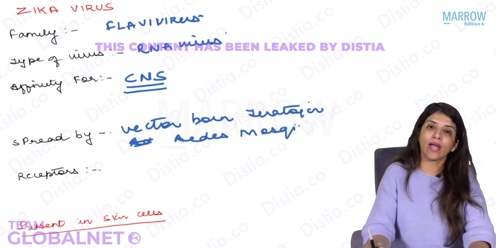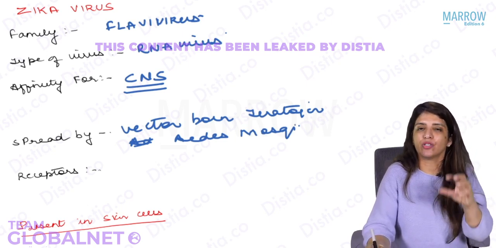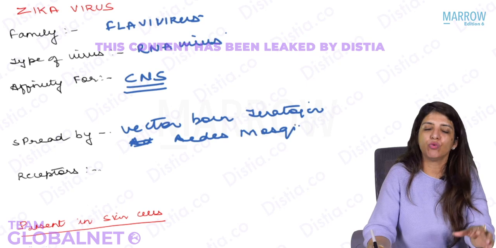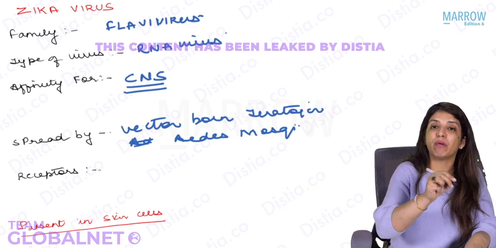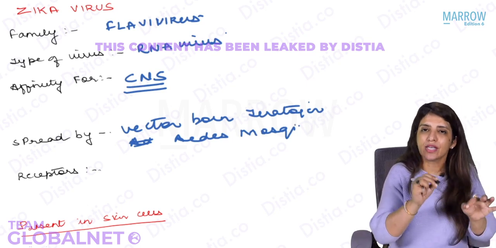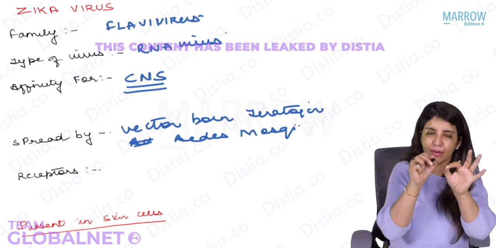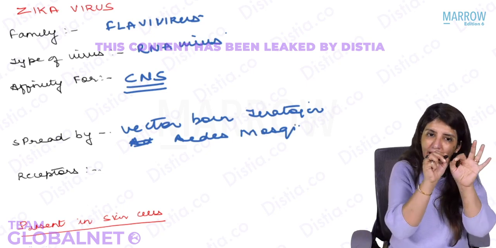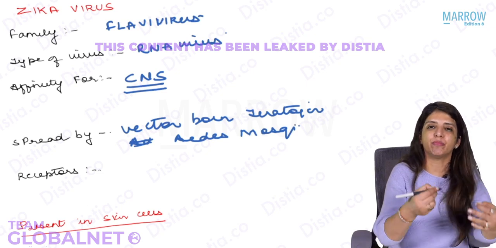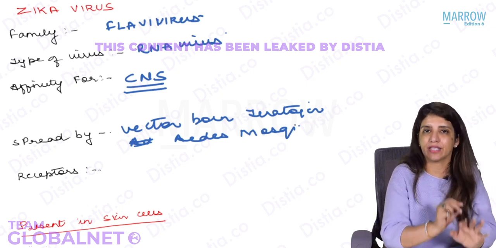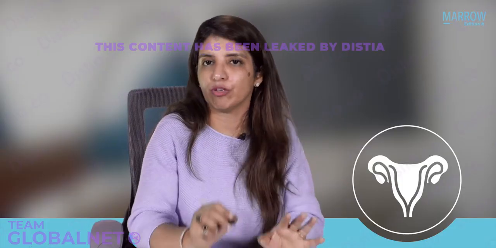So suppose there is a person who has Zika virus infection. When a mosquito bites that person, the virus is transferred by the mosquito from the infected person into the other person where the mosquito is biting. Right? Now, suppose this mosquito bites a pregnant female.